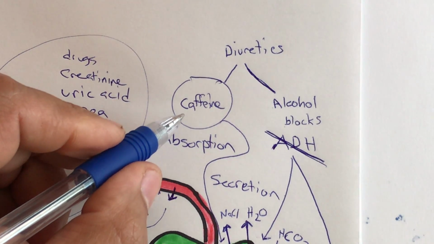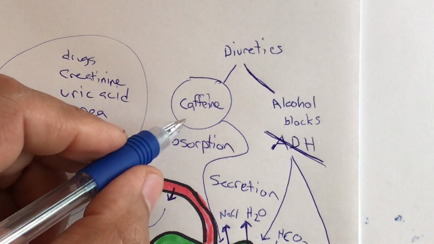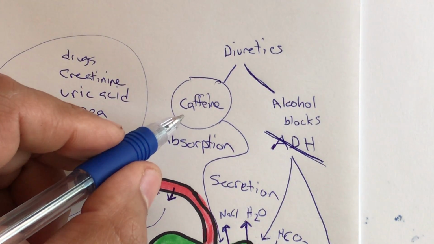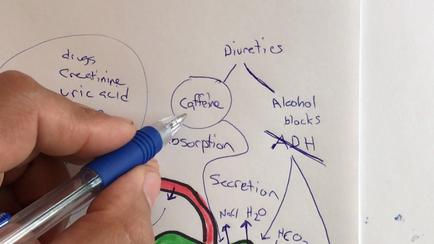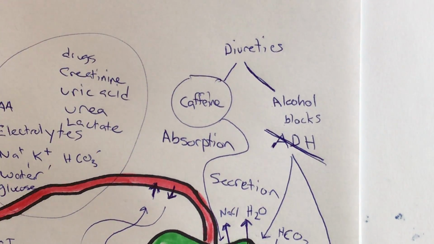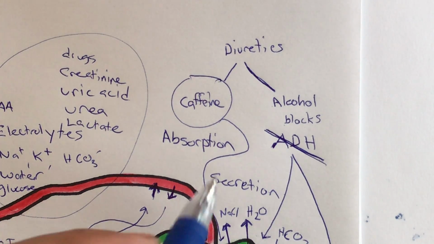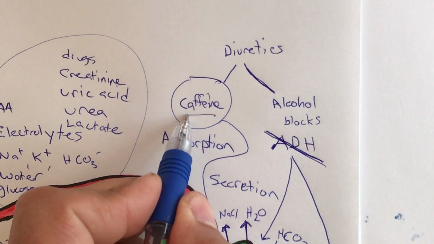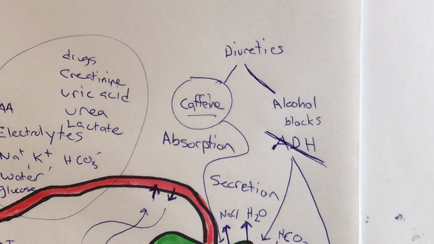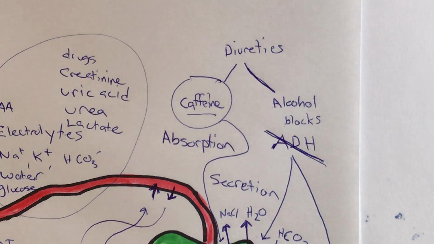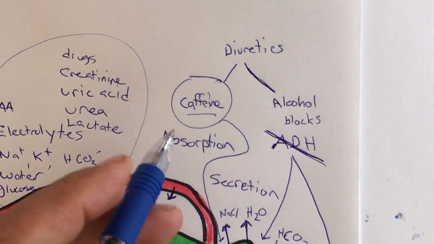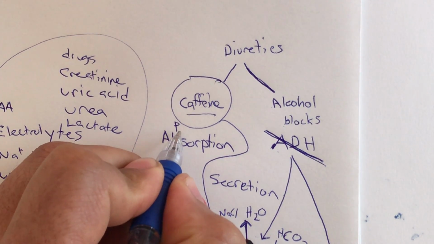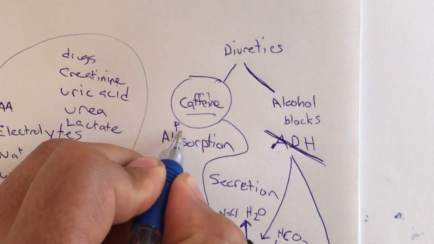We find caffeine in coffee, in tea, in chocolate, but it's in higher concentrations in coffee, which is why we always talk about caffeine dehydrating us, being a diuretic. Alcohol blocks ADH. Caffeine prevents the reabsorption of sodium and chloride.